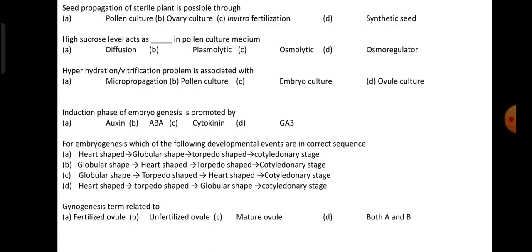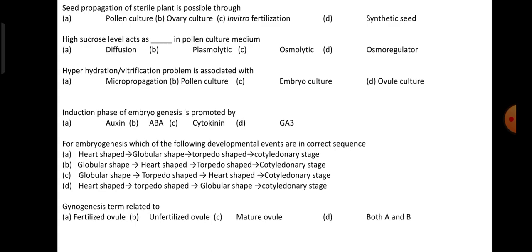In somatic embryo production, they take any asexual part or asexual cell or tissue. Next question is, high sucrose level acts as dash in pollen culture medium. Options are diffusion, plasmolytic, osmolytic, osmoregulation. The answer here is osmoregulator.